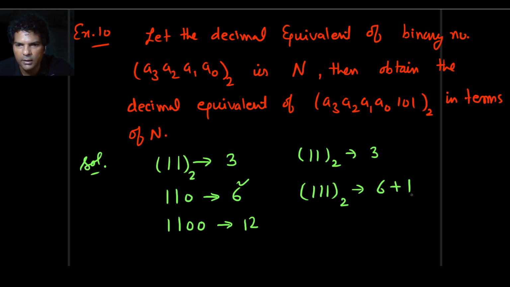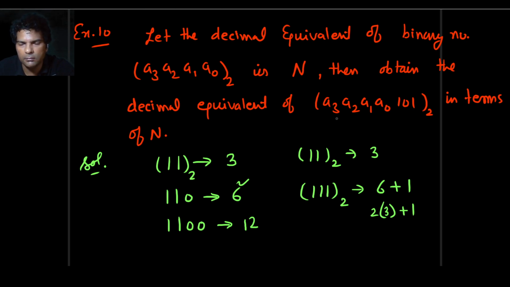So can I write it as 2 multiplied by 3 plus 1? Just double the previous value plus 1. If we append a 0 at the LSB position, it is just double the previous value. And if we append a 1 at the LSB position, then it is double the previous value plus 1.